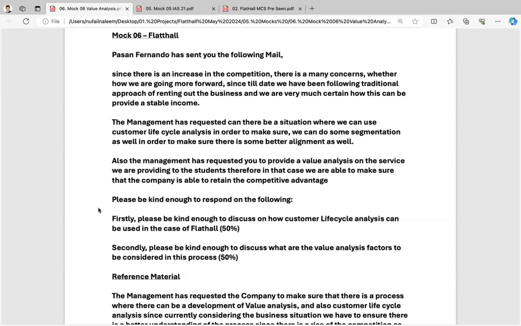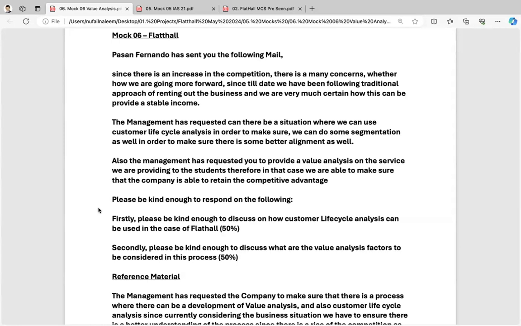The management has requested, can there be a situation where we can use customer life cycle analysis in order to make sure? And can we do some segmentation as well to make sure there's a better alignment? Also, the management has requested to provide a value analysis on the service we are providing to the students.